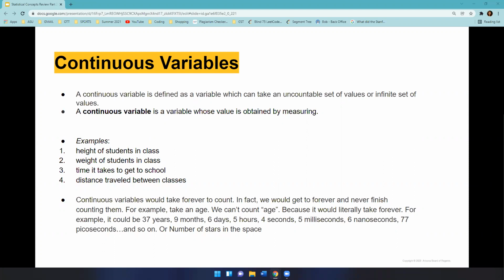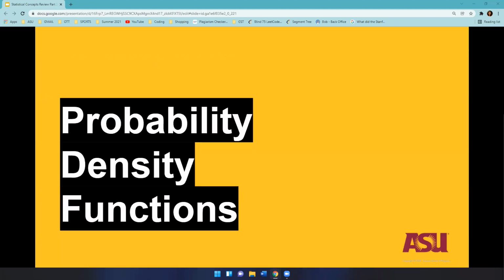Moving on, after studying discrete variables and continuous variables, we'll discuss something called probability density function. It tells us the probability that the random variable x will be between a range of values, like let's say a and b. So basically, probability density function measures the probability that a particular random variable will fall into a particular range.